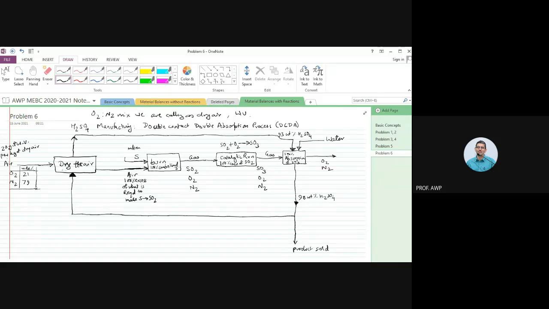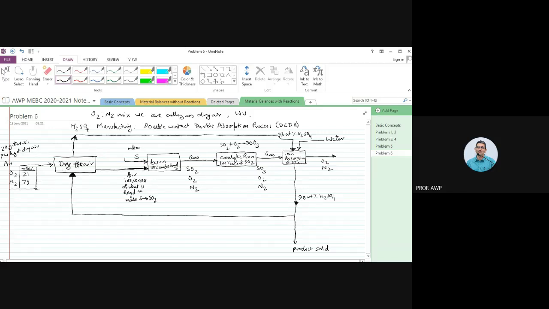Sir, can you repeat the last part? When the sulfuric acid is coming out from the dry air block. So this is a block that is going to dry the air. I send 98% by weight sulfuric acid to the stream. No water will go in the air stream to the burner.